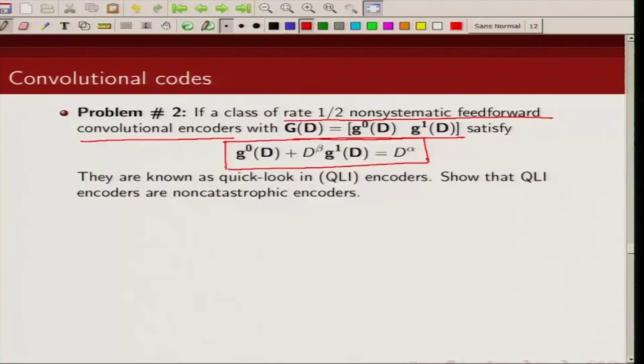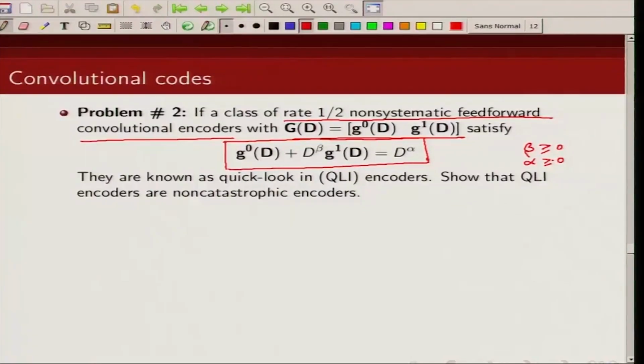So, what is this property? It says G0 of D plus some delay, that is beta greater than or equal to 0, some delay of G1 of D is given by D to the alpha, where alpha is also something greater than or equal to 0.